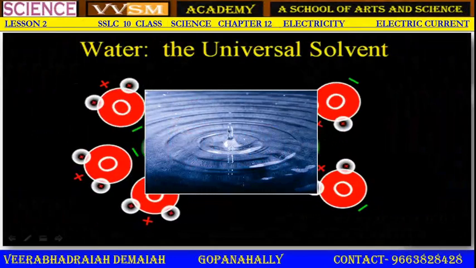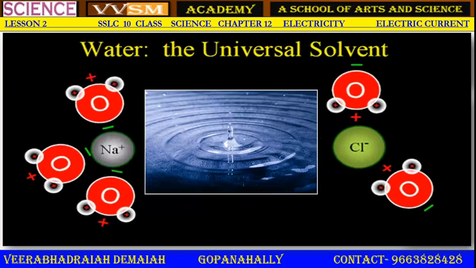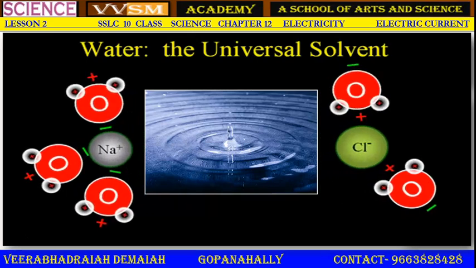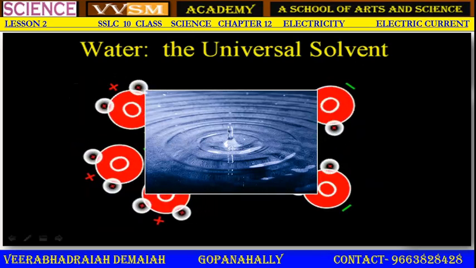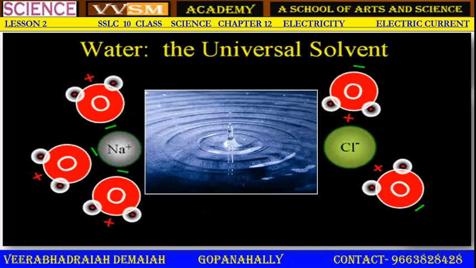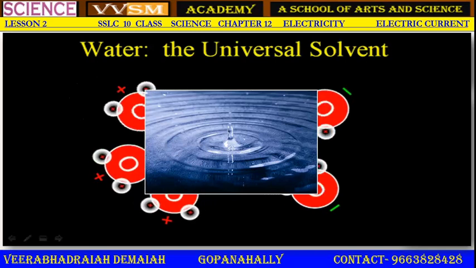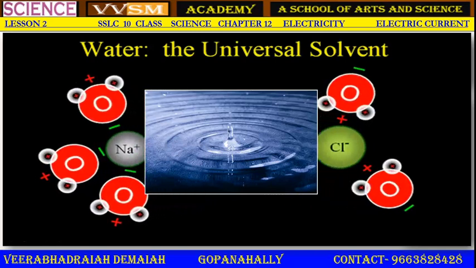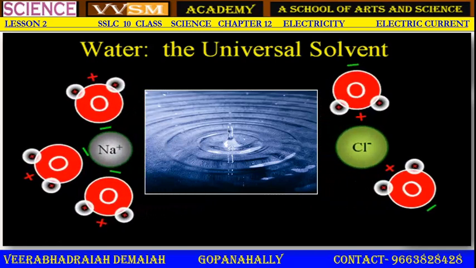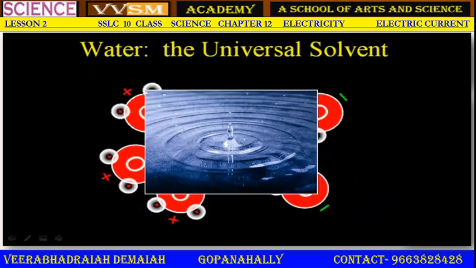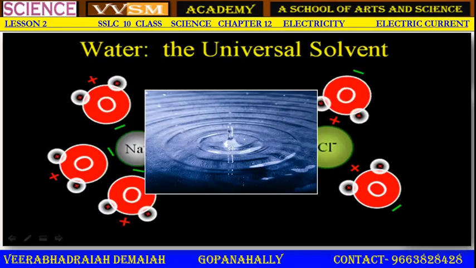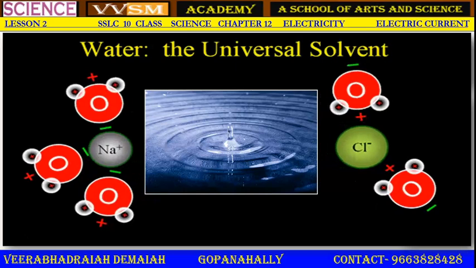Our topic today is how the electrolytes move in the electrolytic solution and how the electric current is correlated with the electrolytes. Water, the universal solvent. You know that. Water is a universal solvent.